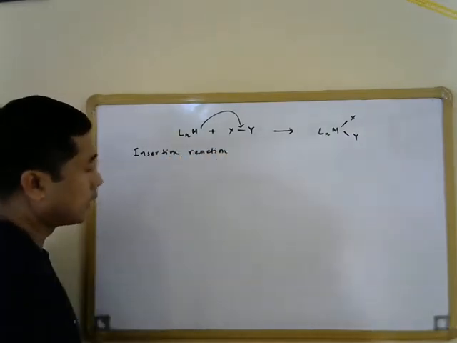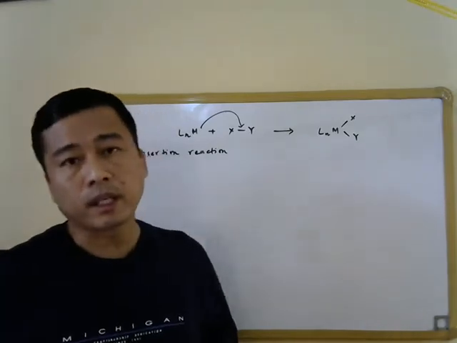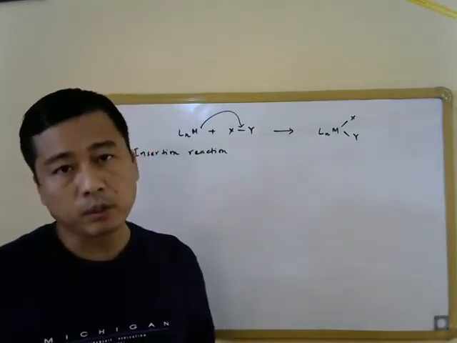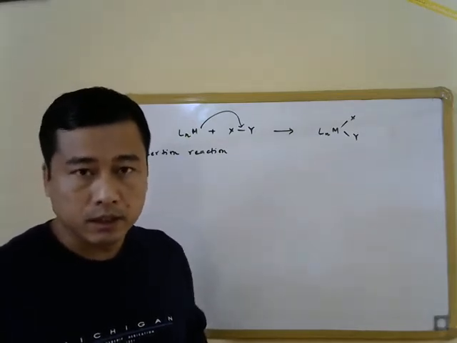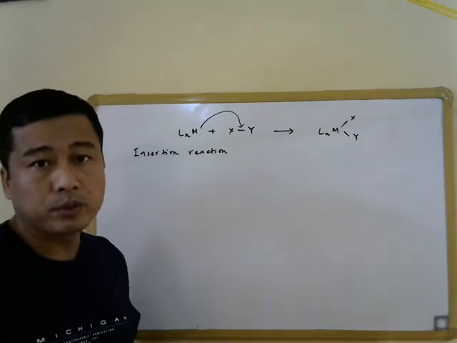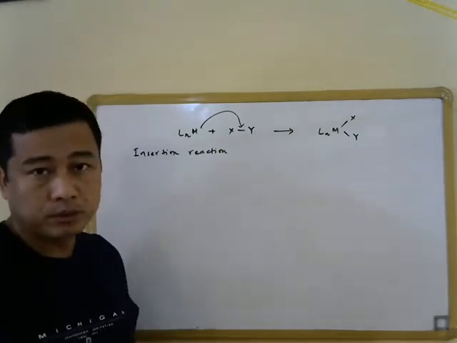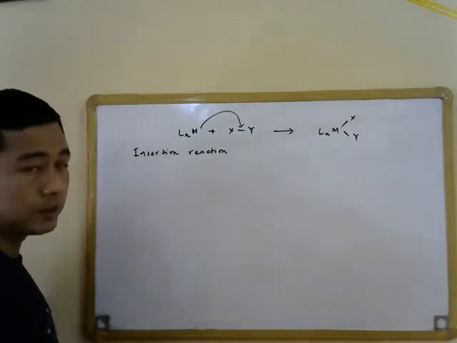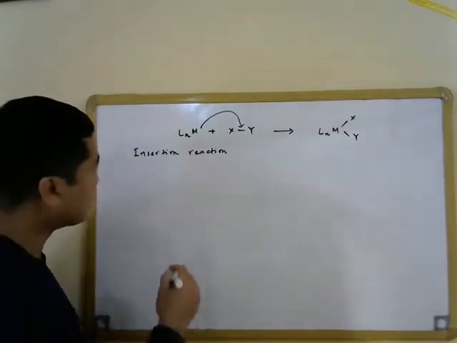And again, in organometallic chemistry, in organometallic catalysis, there are many examples of insertion reactions in important catalytic cycles, and we will learn some of these reactions. During this lecture, we will primarily focus on two kinds of insertion reaction. First is insertion of carbon monoxide into a metal carbon bond.